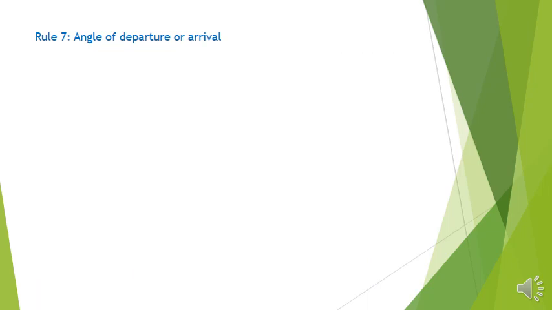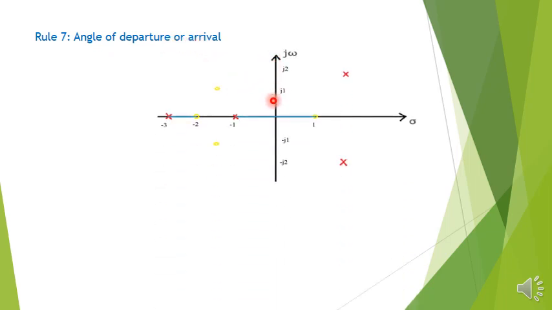Now we will concentrate on rule number 7, the last rule, angle of departure or arrival. If we look at this graph plot, these are the complex poles and these are the complex zeros, open loop zeros and open loop poles. Based on rule 2, these open loop poles are the starting points, and these open loop zeros are the terminating points.